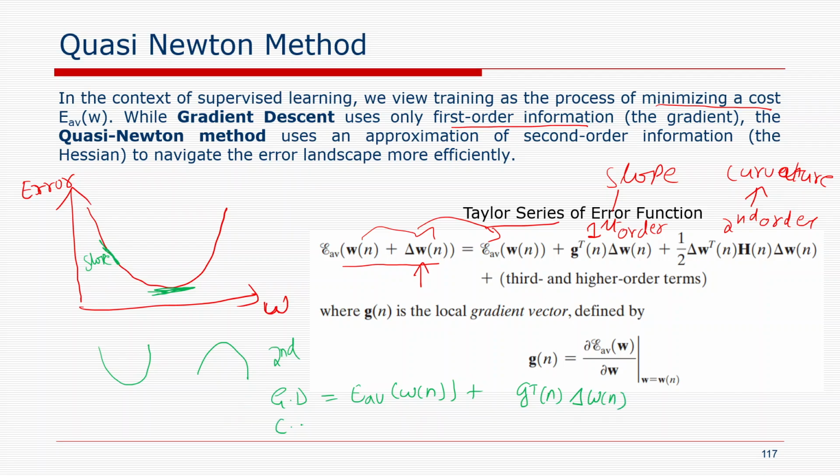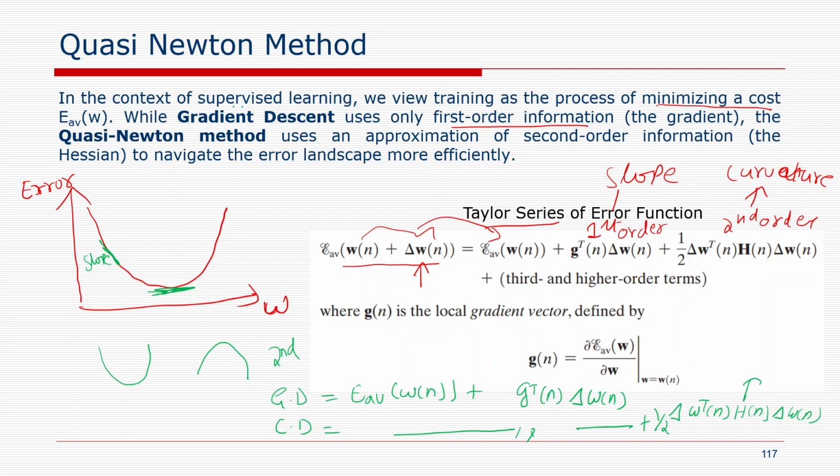But conjugate gradient descent methods use both of these terms along with another, second order term, that is 1/2 ΔW^T(n) H(n) ΔW(n). Here, H(n) is the Hessian matrix, which is the matrix of second order partial derivatives of the error with respect to the weights present in that network.